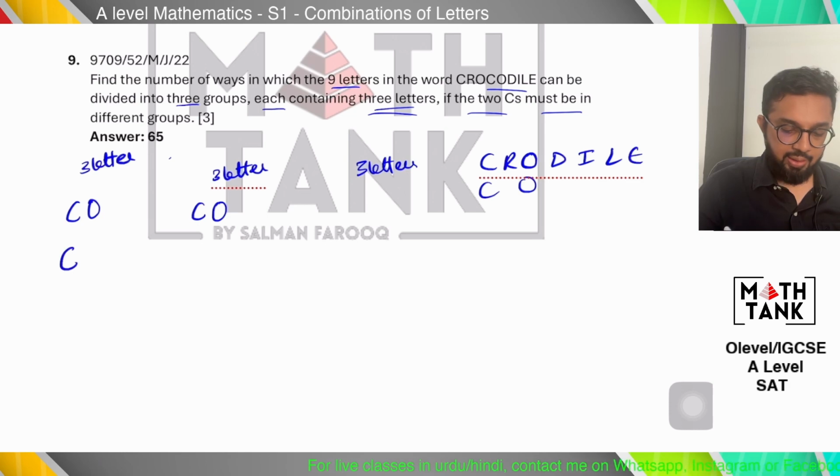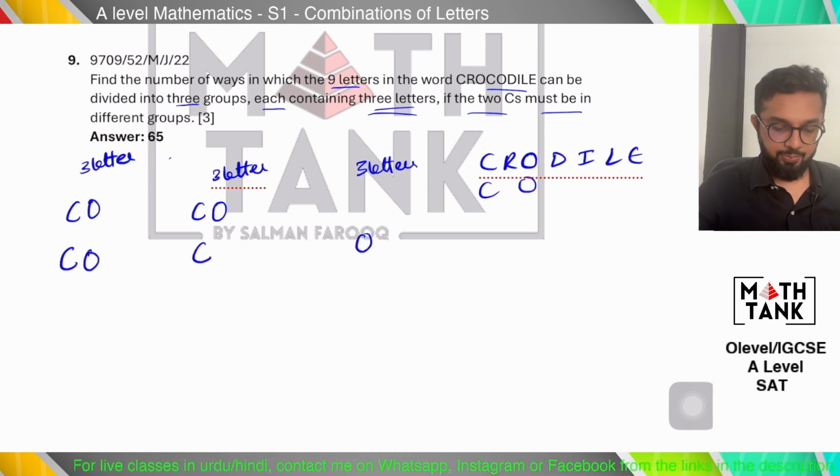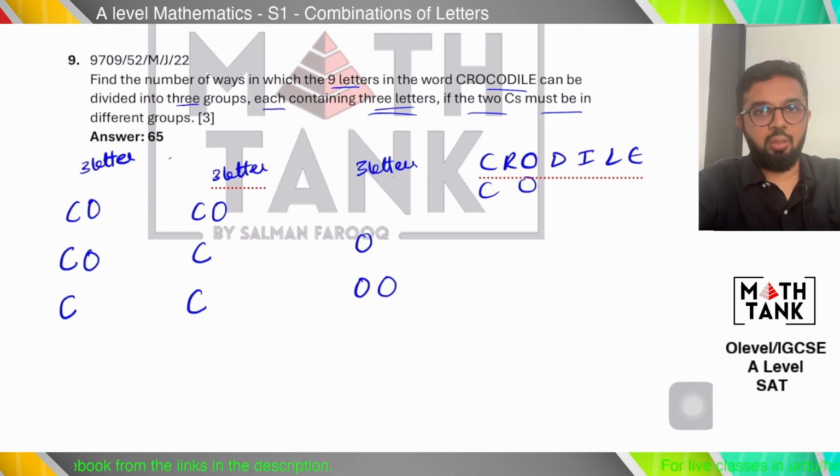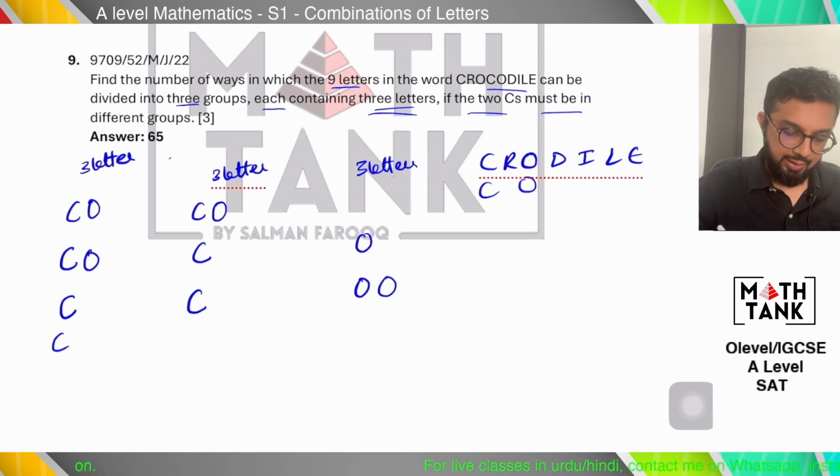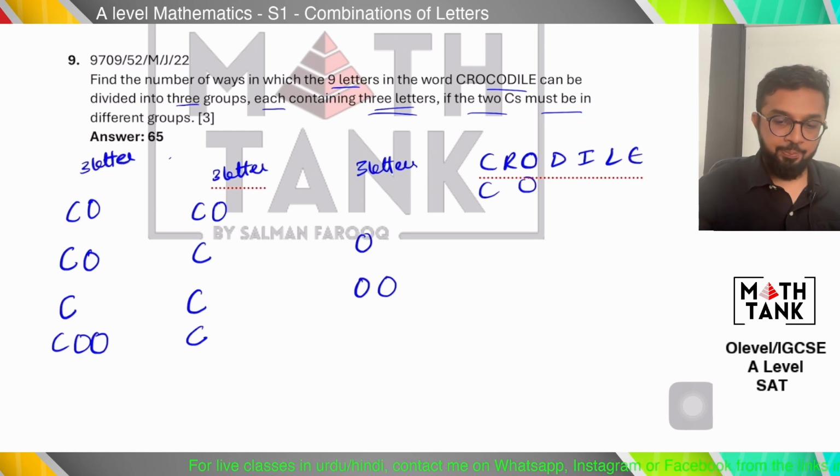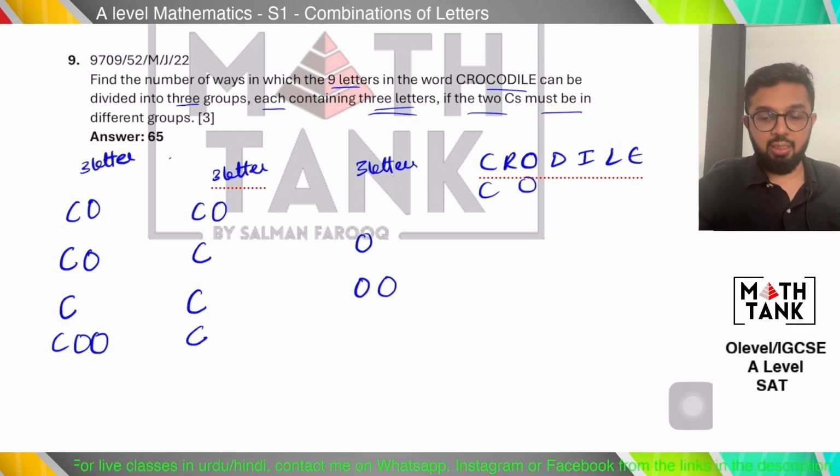It could be a case where you get CO, one C remains empty, and the O comes up here. Okay, you could have another case where I have 2 C's and 2 O's here. Then the last combination that you could have is both O's here, one C alone, and then no O's there. Okay, now let's start making the combinations.